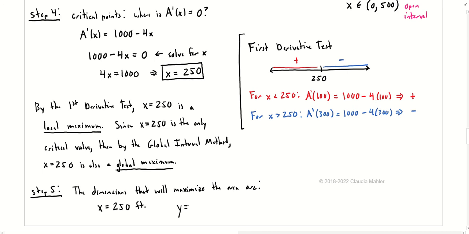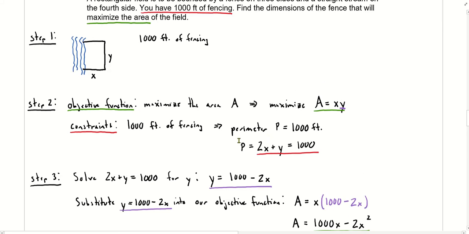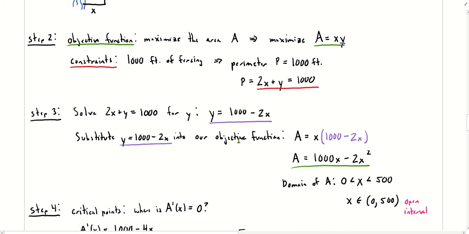And y, well, I can figure out y based on my constraint equation. Or more specifically, easier, I can use that rearranged constraint equation where I solve the constraint equation for y. So I can use y equals 1000 minus 2x to figure out the length of y.